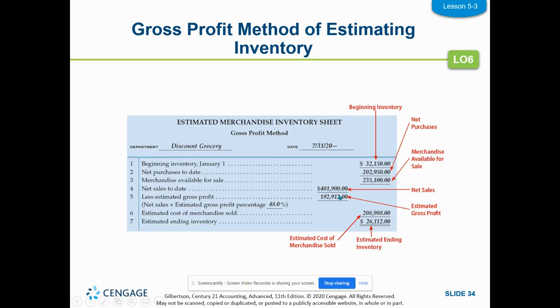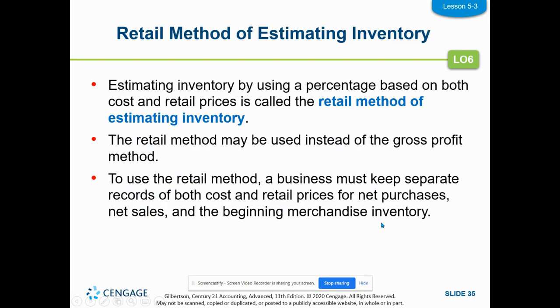This number comes from multiplying those net sales by that 48%. That's how we get this number. And then this gives us an estimated ending inventory of how much it's going to cost us.